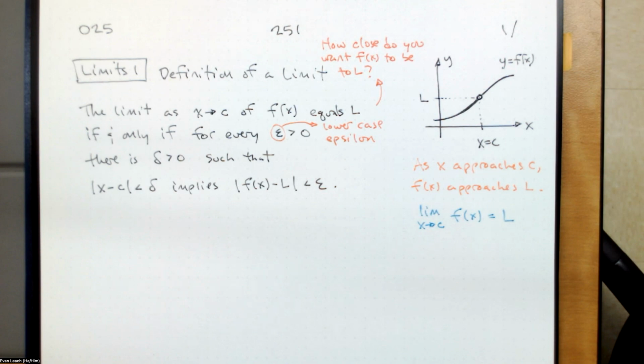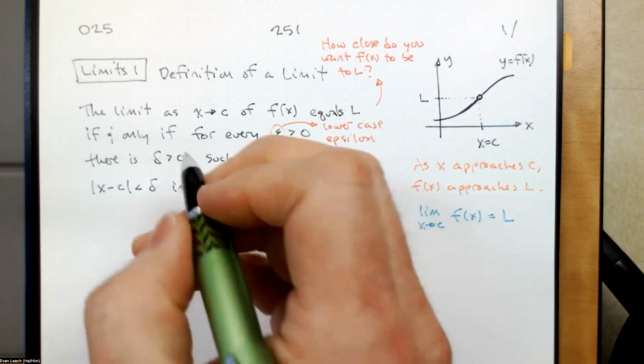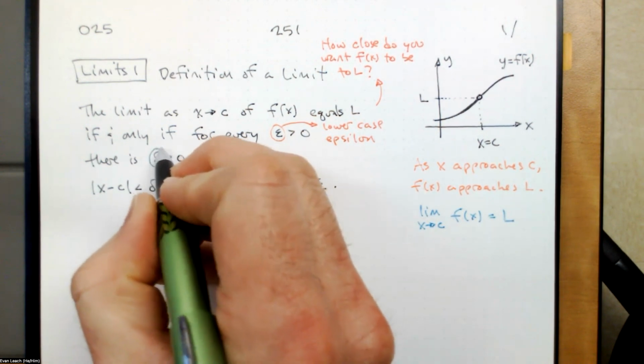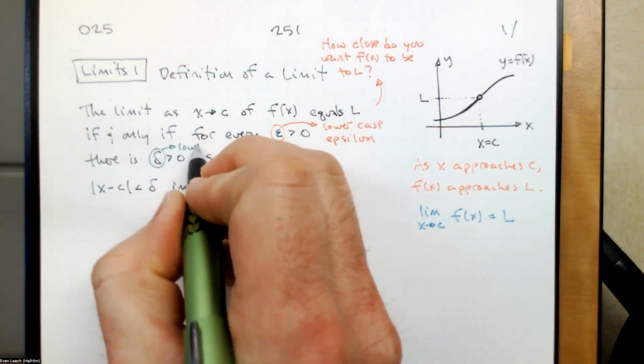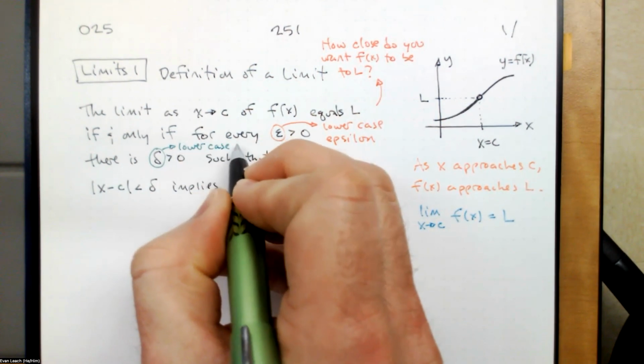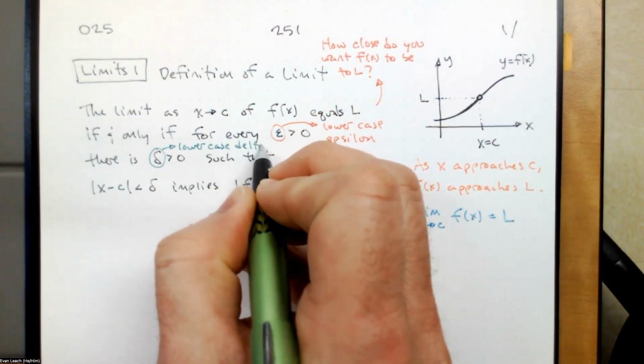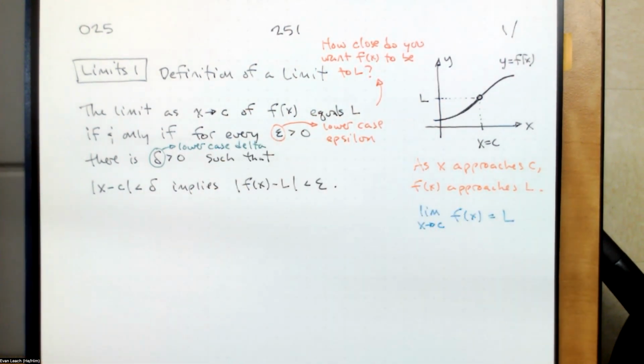If we can get a delta and say if x is this close to c, then we're guaranteed to have f of x be within epsilon of L. So a delta is the one we're going to look for. It's a lowercase delta. That's how close x needs to be to c.